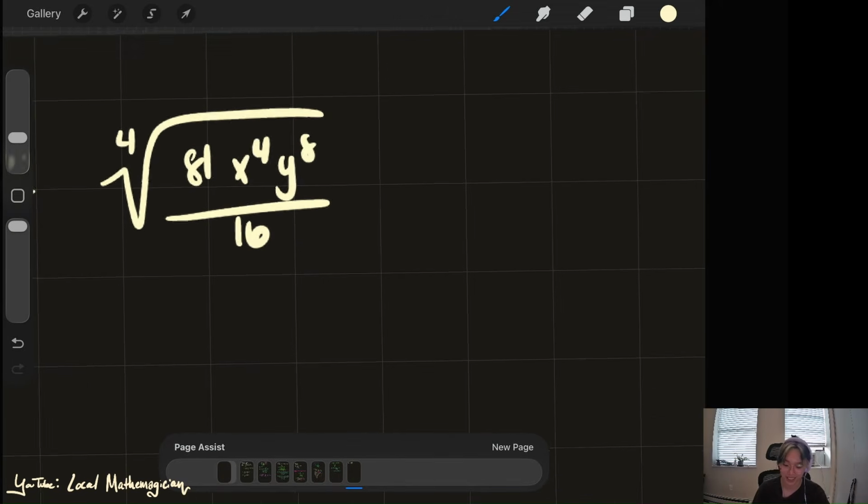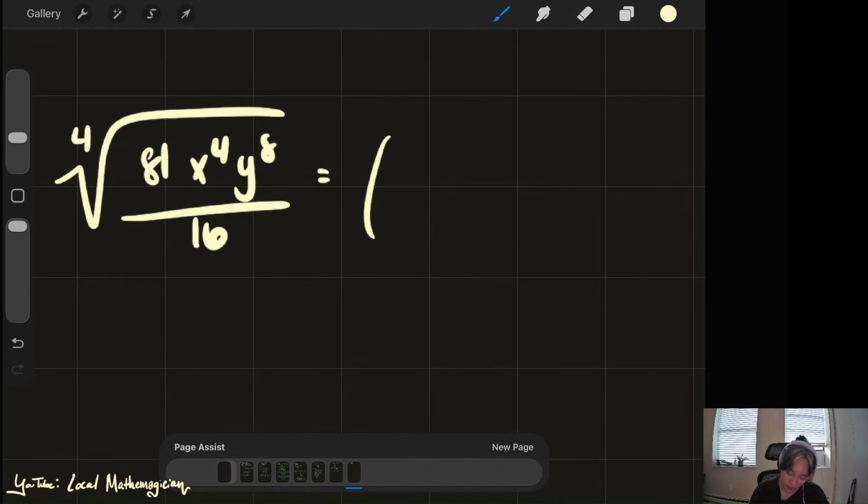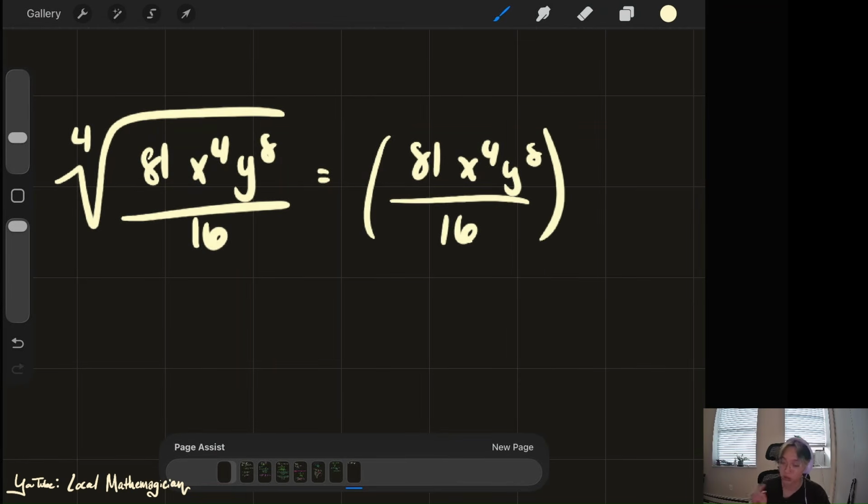Okay? Hear me out. You turn everything into what? Into a fraction. This is the same as saying 81 x to the fourth y to the eighth all over 16, all to the 1/4.